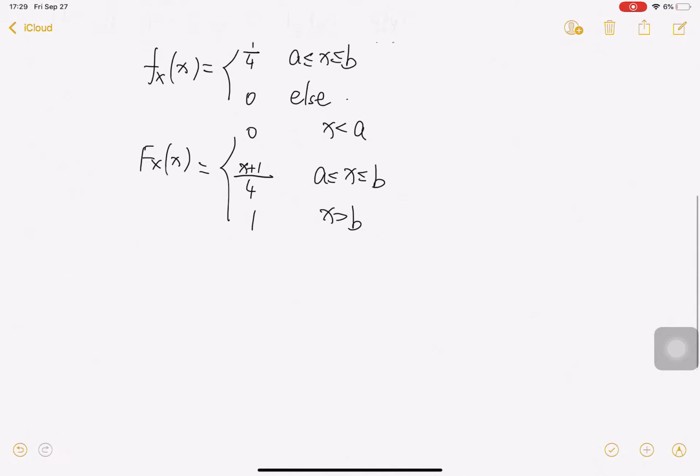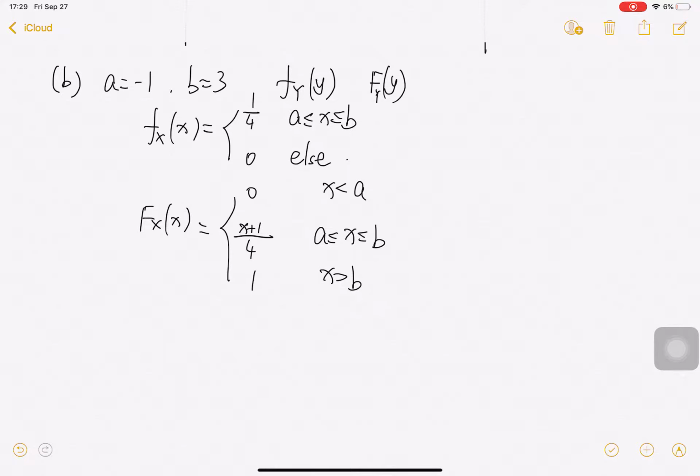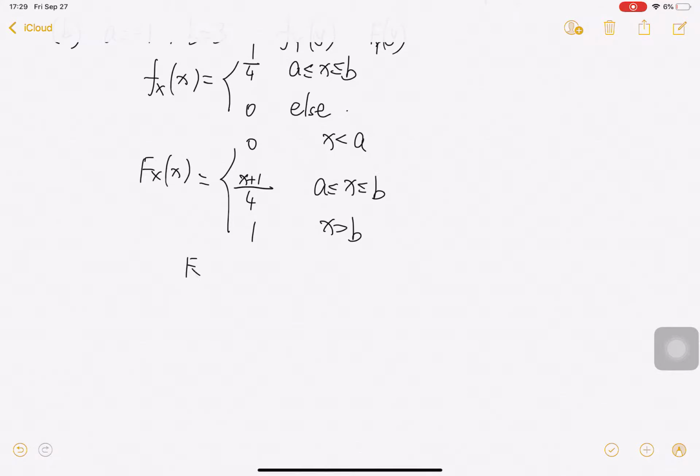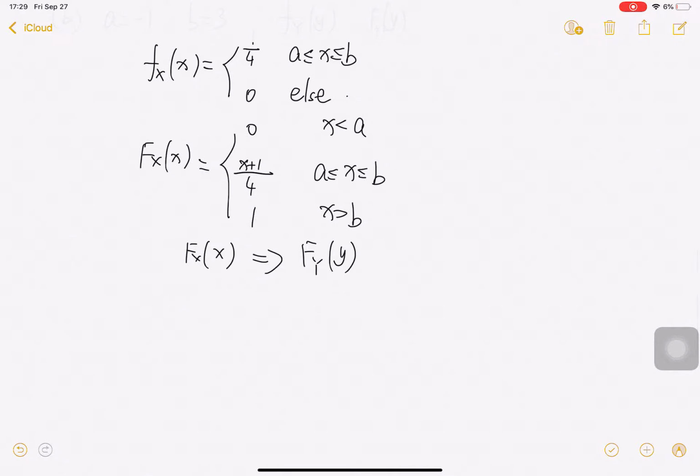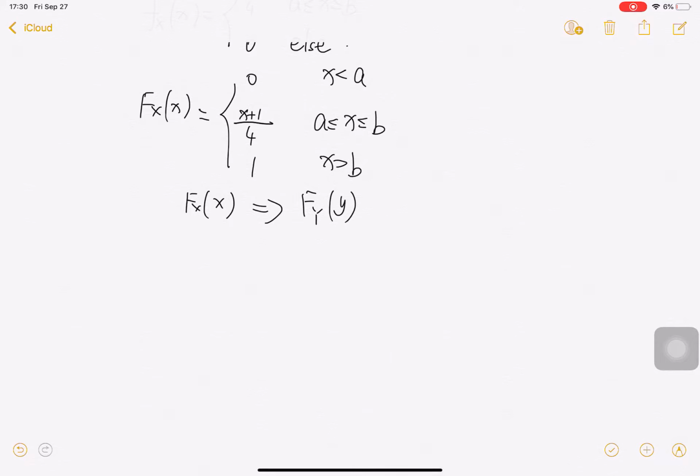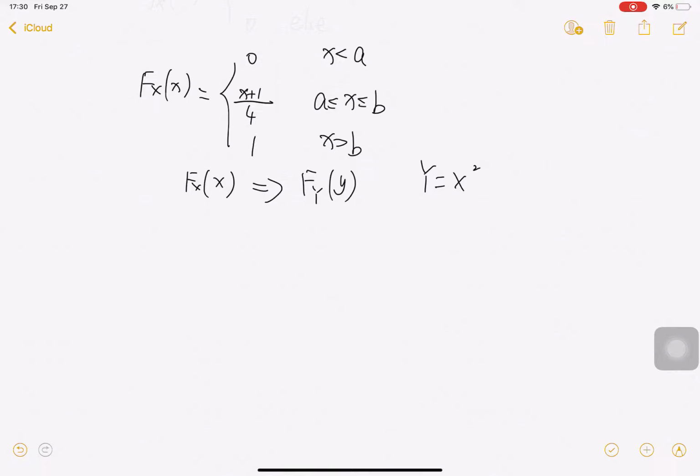Okay, let's do it step by step. The next step is to transfer the density function of x to the density function of y. Since we know that y equals x squared, we can write the density function of y this way: the probability that Y is smaller than y. This is the definition of the density function, right?